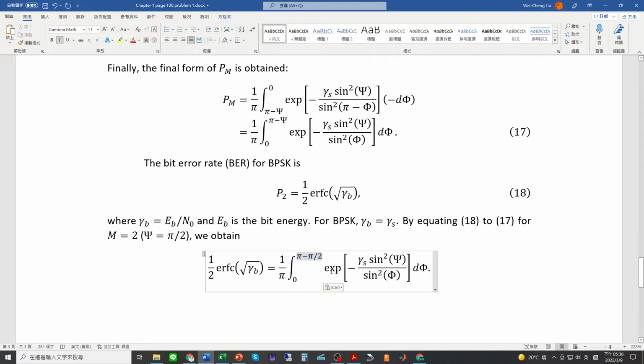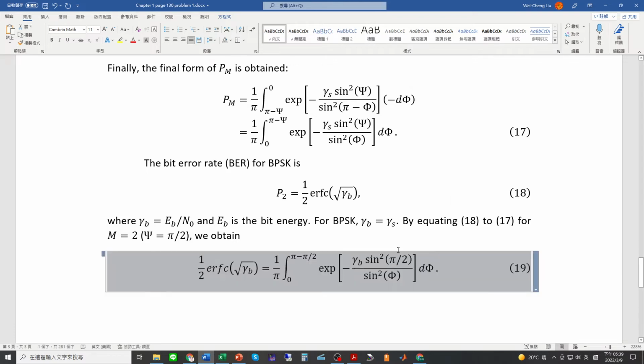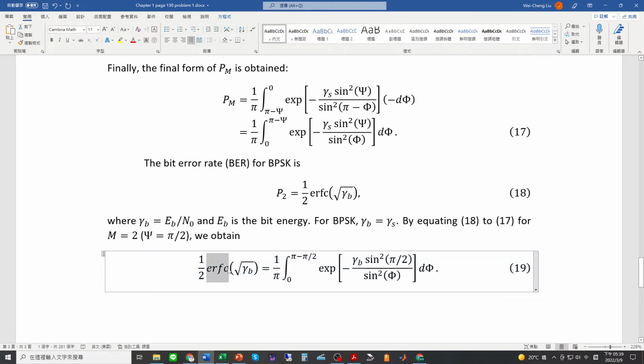And exponential of minus gamma S. For BPSK, gamma B is equal to gamma S, so we can replace gamma S by gamma B. And sine square psi, psi is equal to pi over 2, over sine square phi, d phi. So we get this equation.